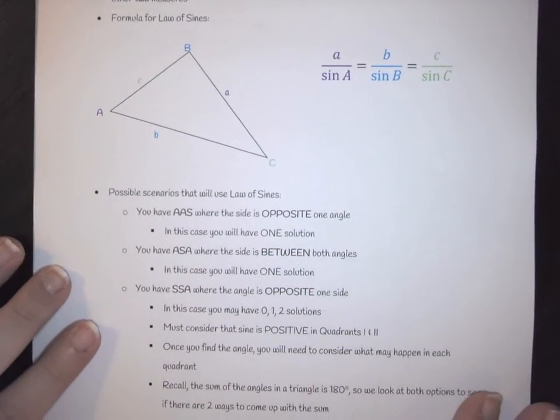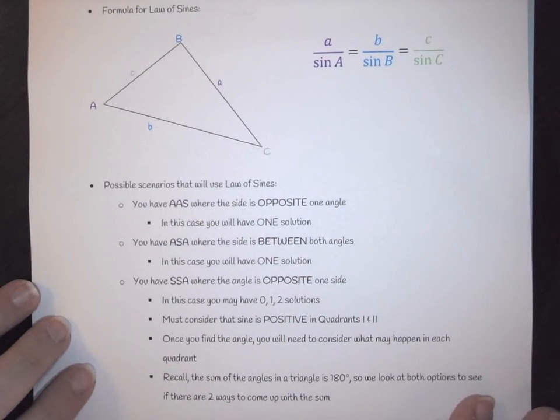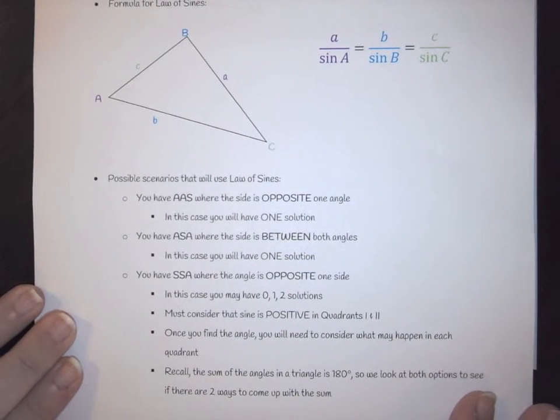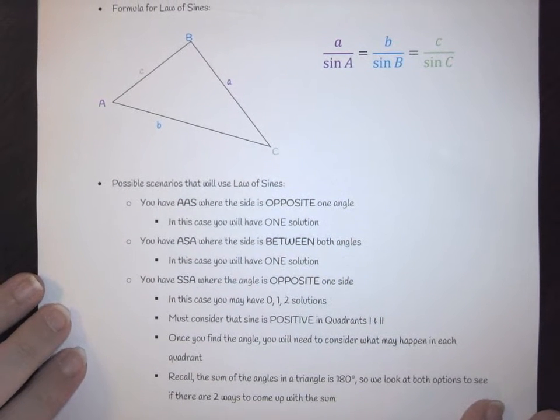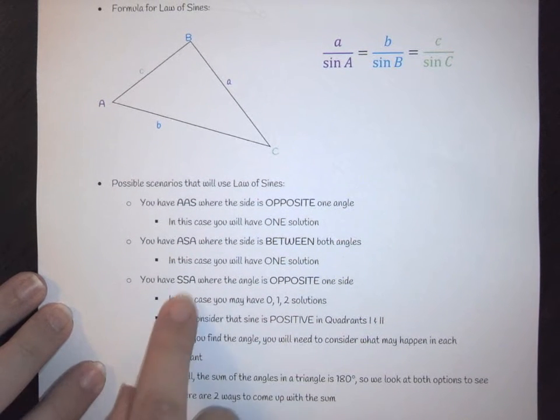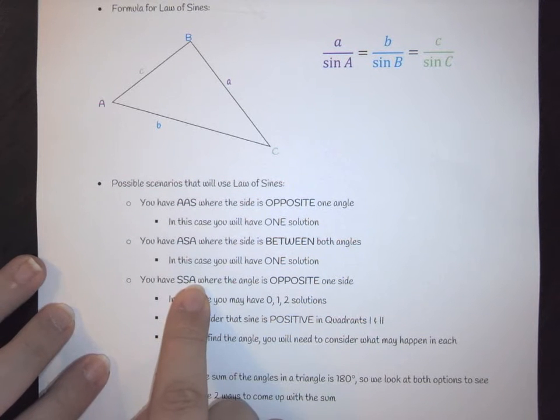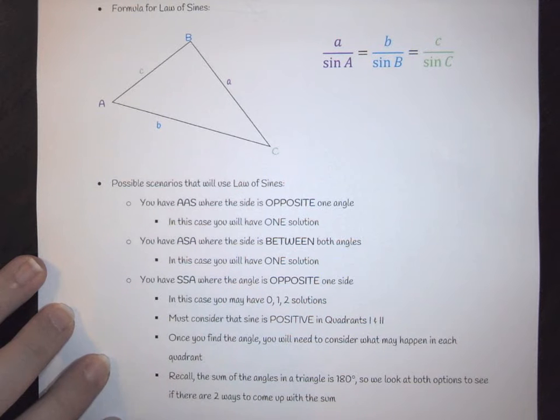Then we have what's called the interesting one, the one that most teachers like to put on tests and that most students forget all about, which is side side angle. Side side angle says that you have to have the angle opposite one of the sides.